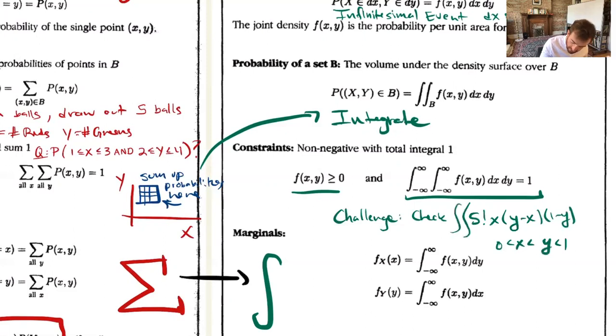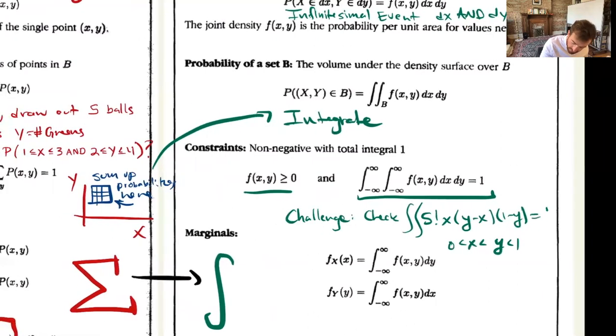Check that this integral equals 1, and you'll see whether this is actually a valid PDF or not. We're going to be checking that today.